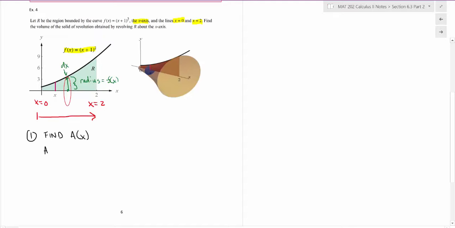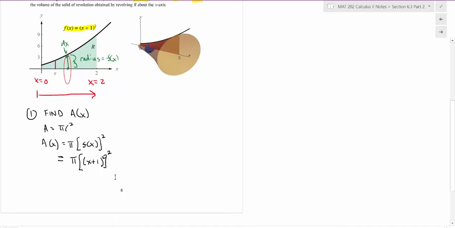We have the area of a circle is pi r squared. However, in our diagram, the radius is just the function value. So we're going to have f of x squared, and then we're going to replace that function with what it's equal to, x plus 1 to the second. So our area function is going to be pi times x plus 1 to the second, all raised to the second.